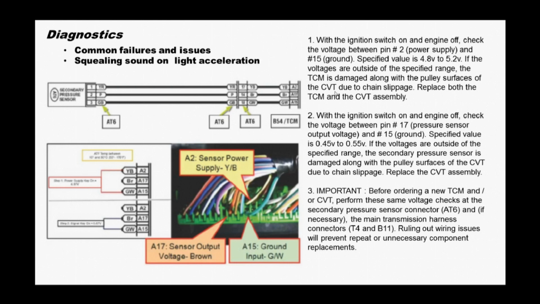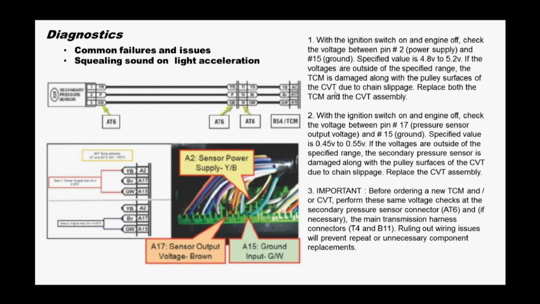On pin 17 and 15, they want you to measure the voltage there with the engine off and the ignition switch on. Voltage there should be 0.45 volts to 0.55 volts. So right around half a volt is where they want the voltage to be.